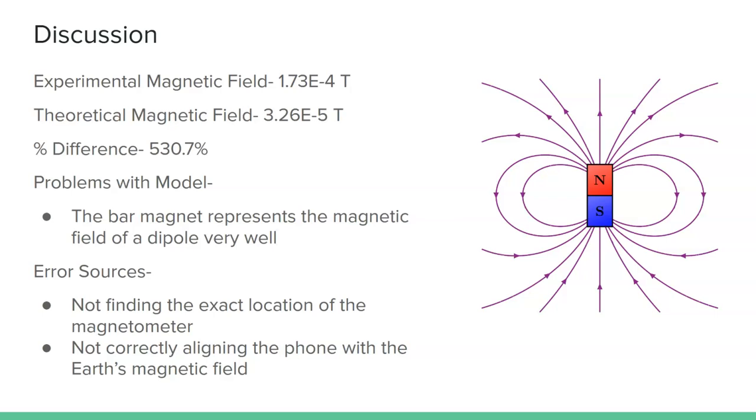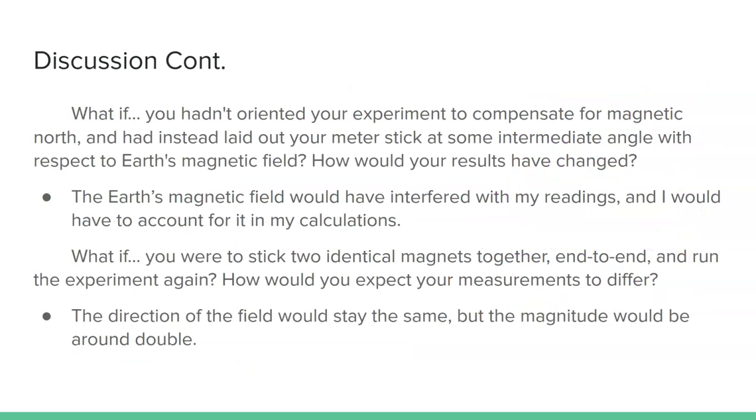The bar magnet represents the magnetic field of a dipole very well. But I had a couple of errors. Some error sources were not finding the exact location of the magnetometer and not correctly aligning the phone with the Earth's magnetic field.